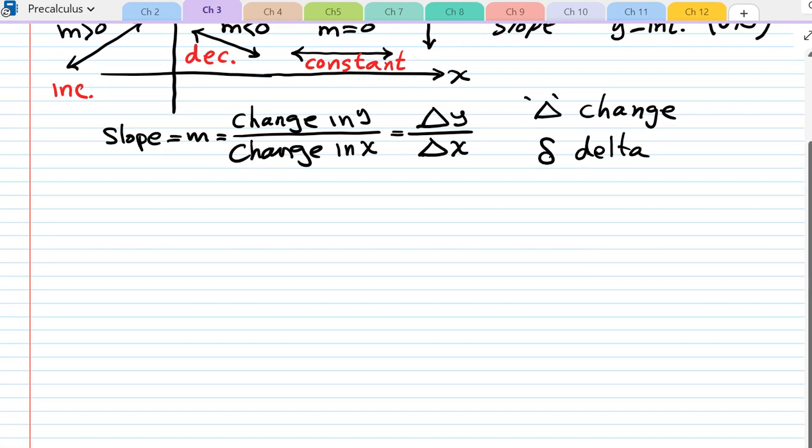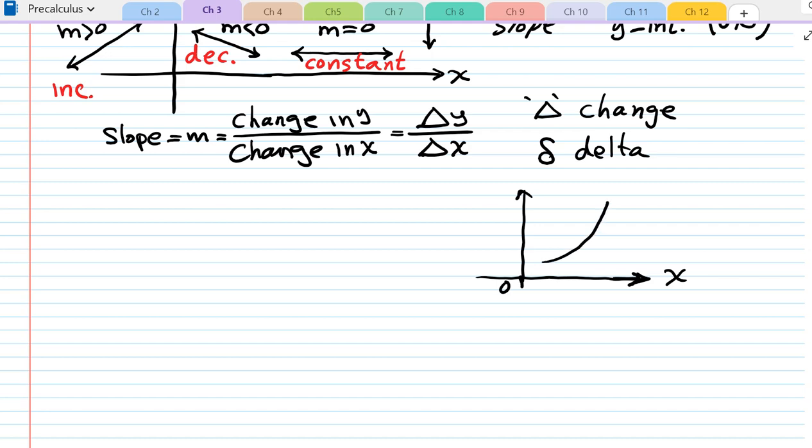All right. Now let's pursue this idea of a change in y and change in x. So suppose, for instance, let's say I have some, and I'm going to choose a non-linear function. Functions that are not linear, we call them non-linear. Anything other than linear is called non-linear. So I'm making up some non-linear function here.